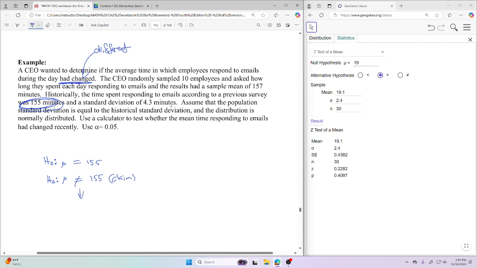And what kind of tail test? Two-tailed test. It looks something like that. Time to put it all in here. I got my 155, and it's a not equal to. But what's my mean that I found?